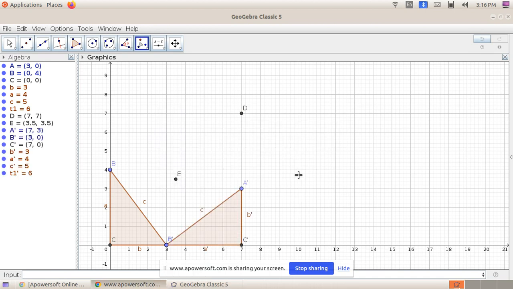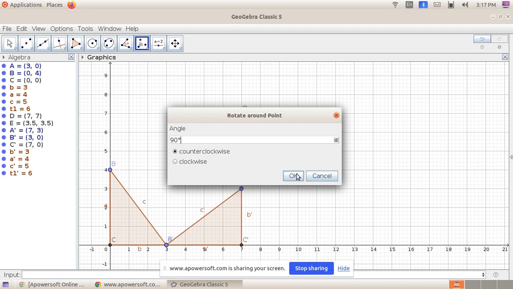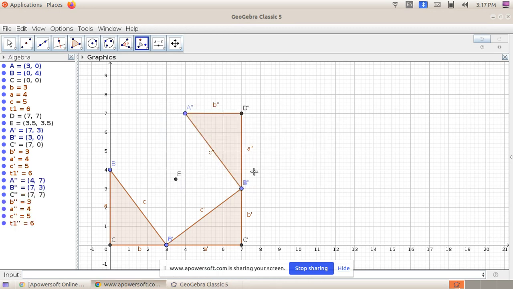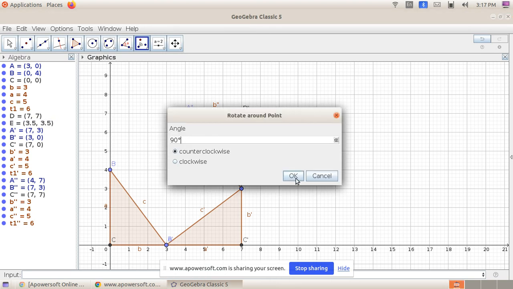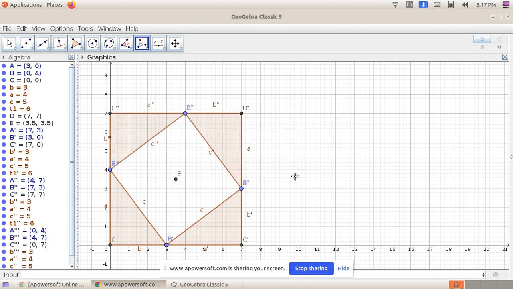Then okay. So here we got a triangle that is a mirror image of this. And again a rotated image of this, and again I am selecting this E and this triangle, so again it is 90 degrees, so again I got it. So again this point and this triangle, and again it is 90 degrees. Okay, so we got a square like this.